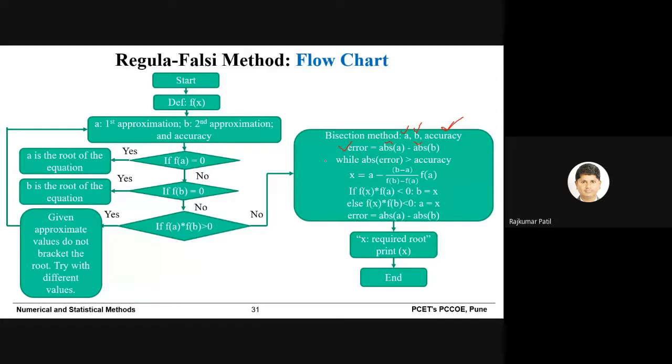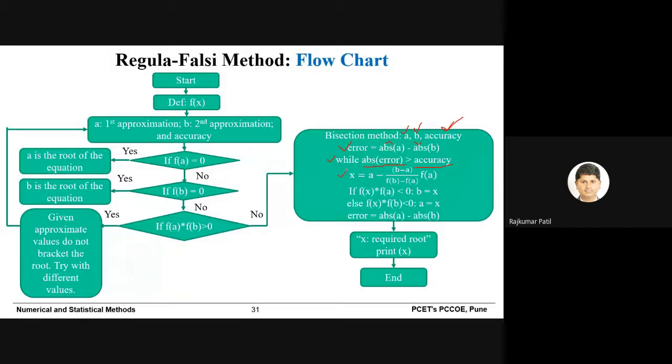Then in order to repeat the regula falsi method, because we use the same process for 8-9 iterations, we will use a while loop. And how long will that while loop work? As long as the absolute value of error is greater than accuracy. So we put the while loop and condition.